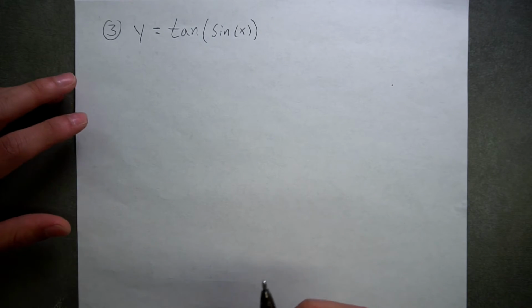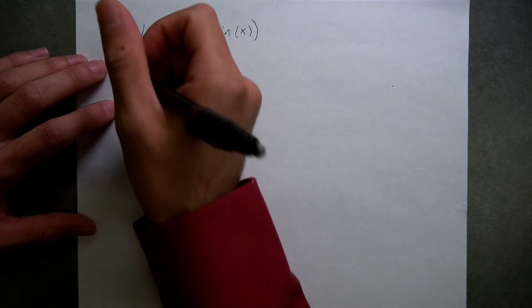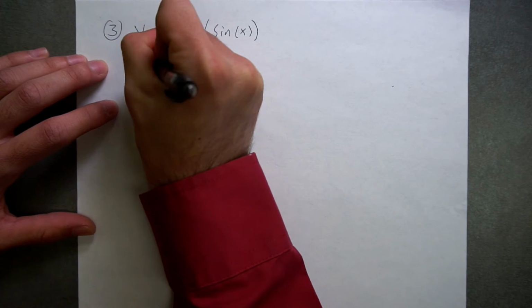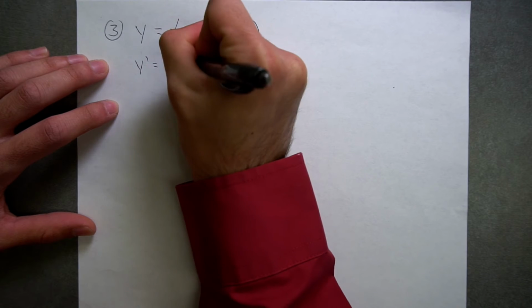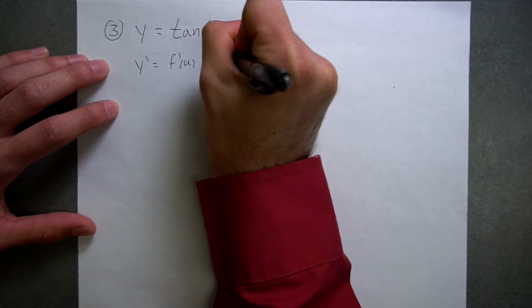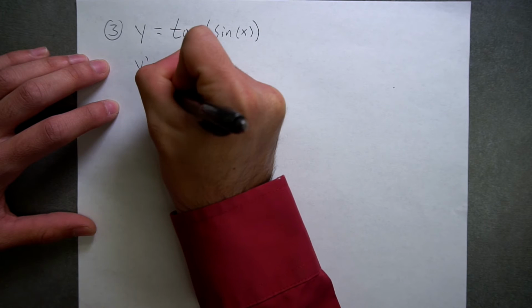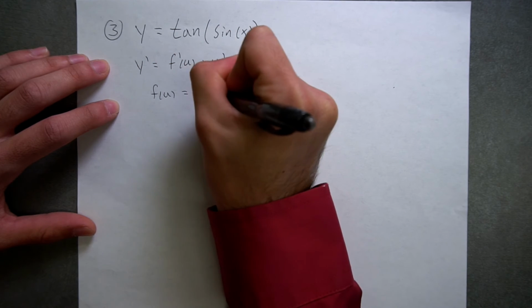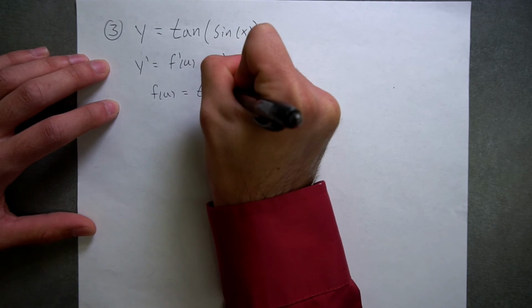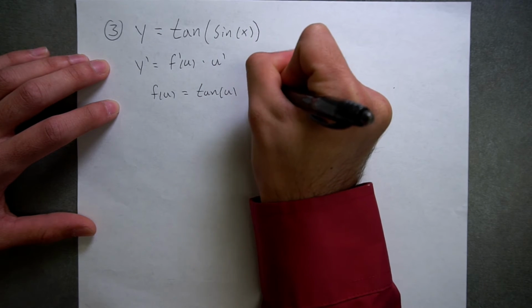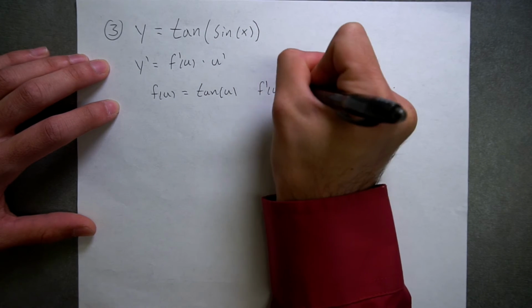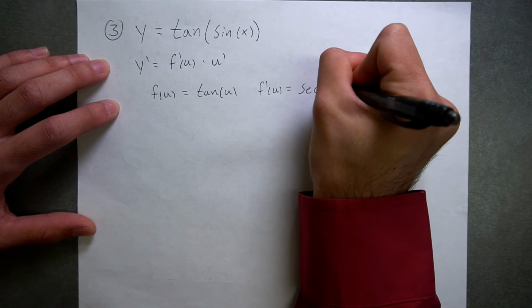So this is problem 3 of applying the chain rule. So y prime is f prime of u multiplied by u prime. And in this instance, our f of u would be the outside function, tangent of u. So f prime of u is secant squared of u.